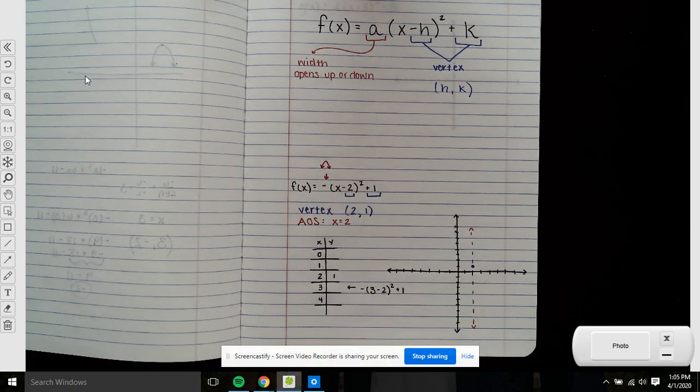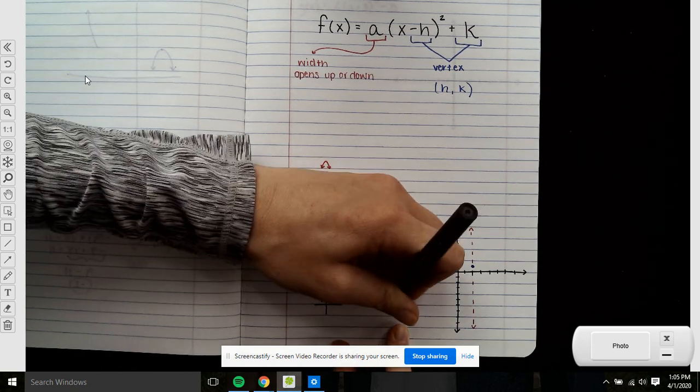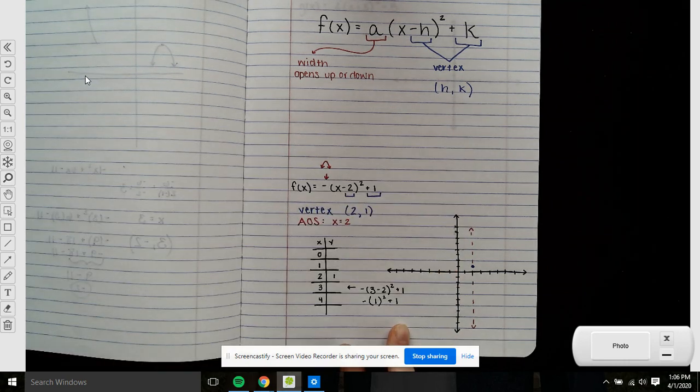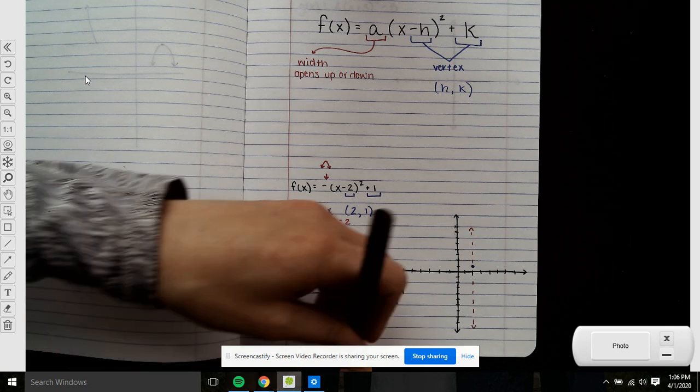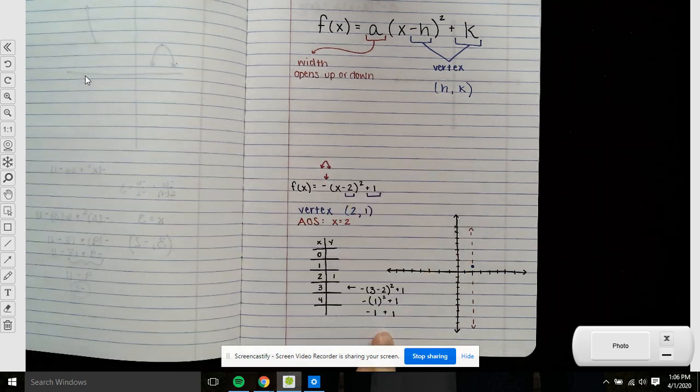Now keep in mind your order of operations here. So I'm going to do 3 minus 2 first. So I've got 1 squared with the negative outside and then plus 1 on the end. 1 squared is next because that's my exponents. So that's 1, negative out in front, -1 plus 1, and I get 0 for this.